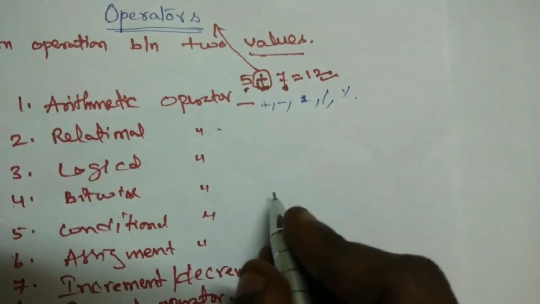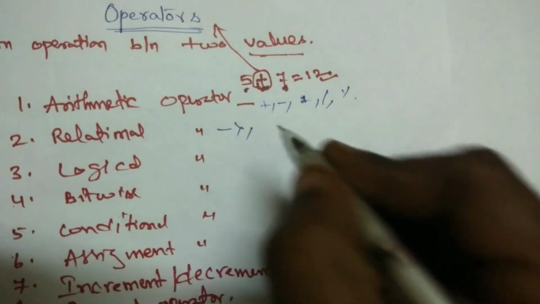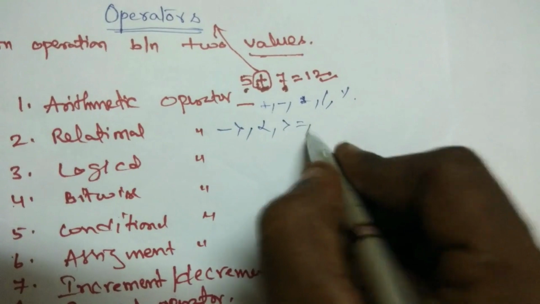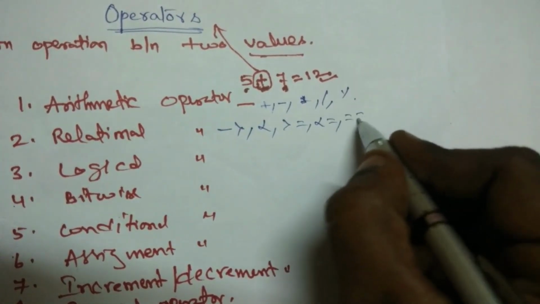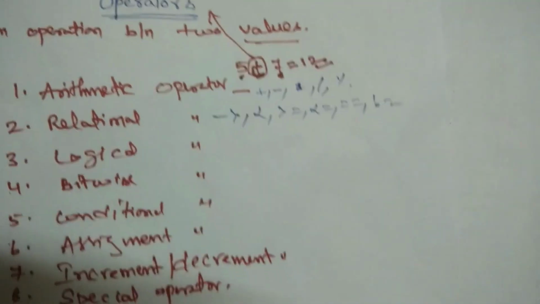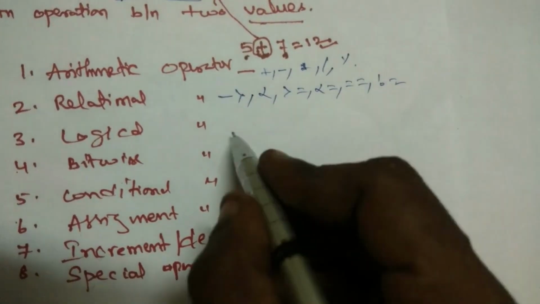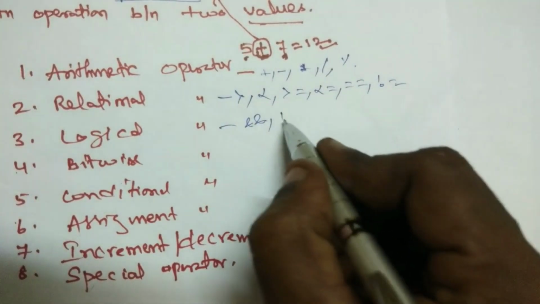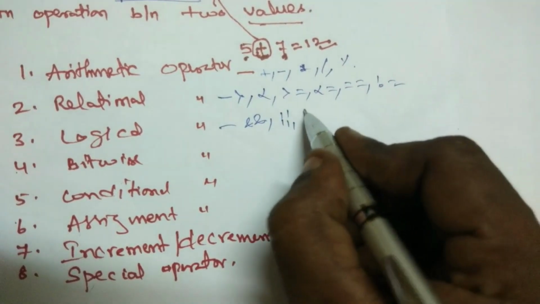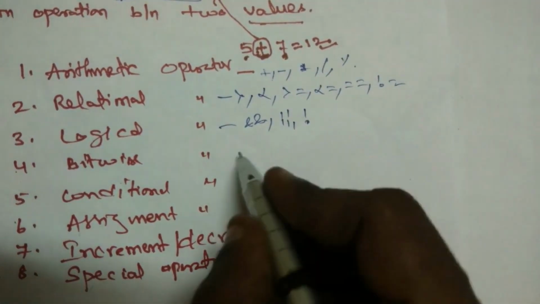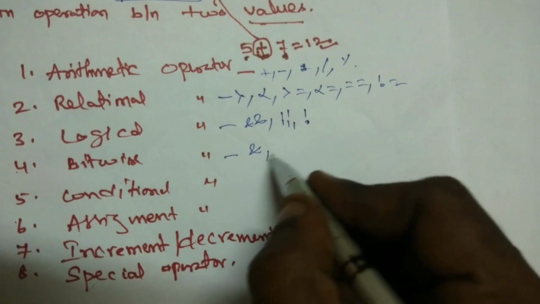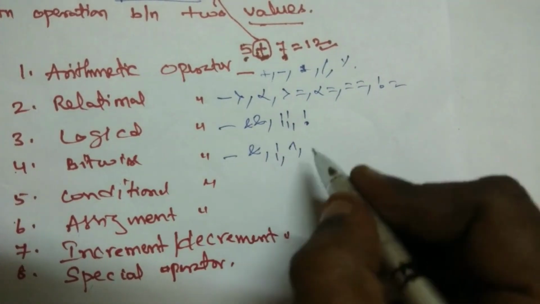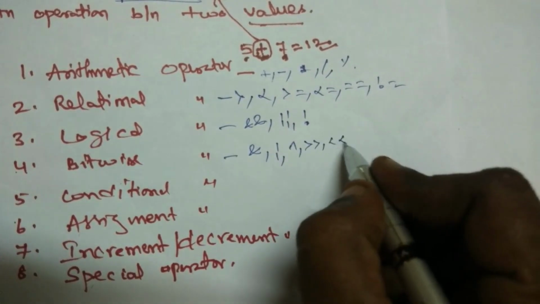The relational operators are greater than, less than, greater than or equal to, less than or equal to, equal to, and not equal to. The logical operators are logical and, logical or, and logical not. The bitwise operators are bitwise and, bitwise or, exclusive or, right shift, and left shift.